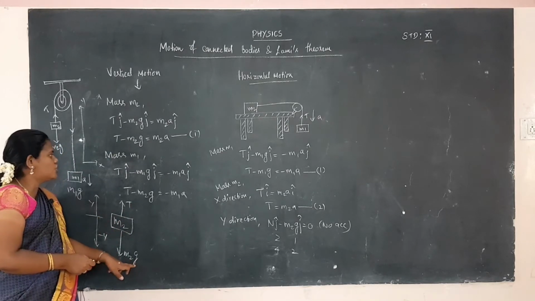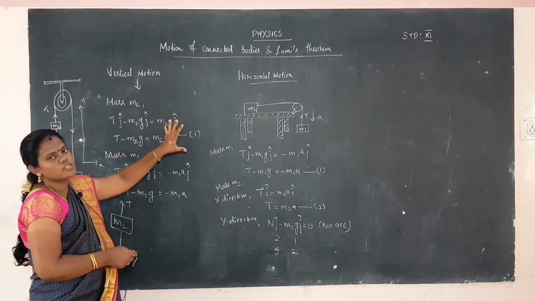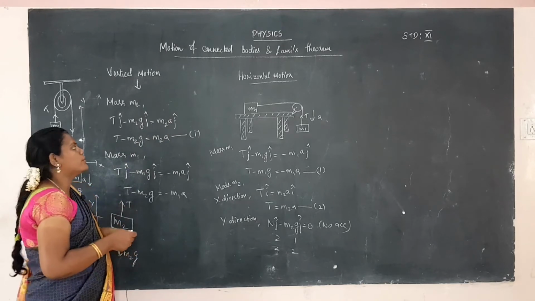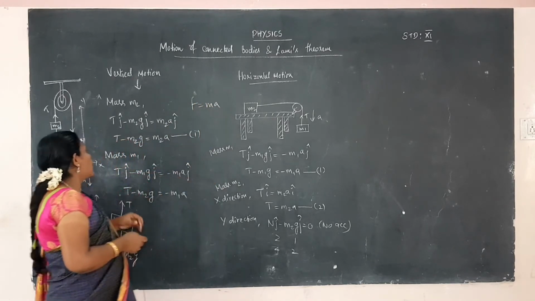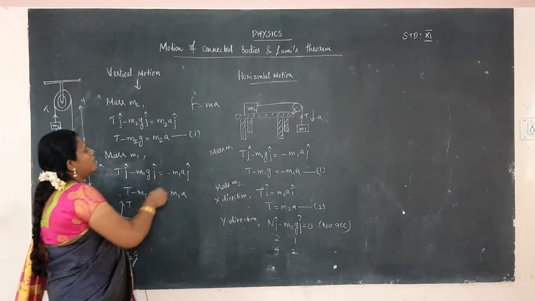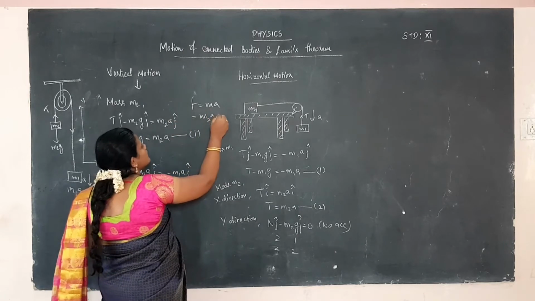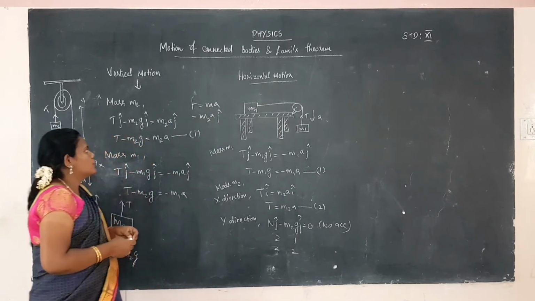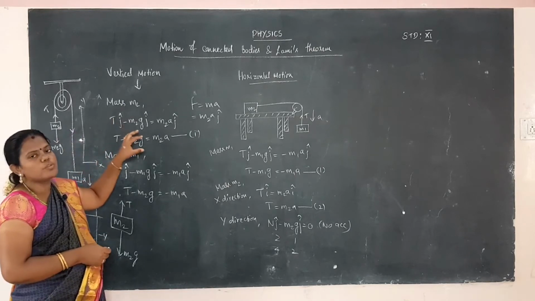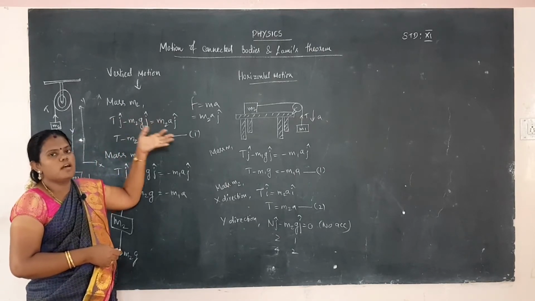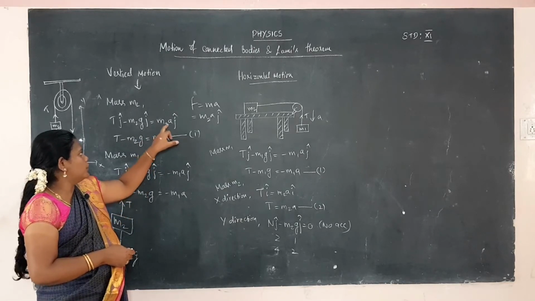So T j cap minus m2g j cap is equal to the net force. According to Newton's second law, force F is equal to m into a. This mass is m2, so m2a in the positive y direction, that is j cap. So the force acting on mass m2 is equal to the net force, whose value is m2a j cap.